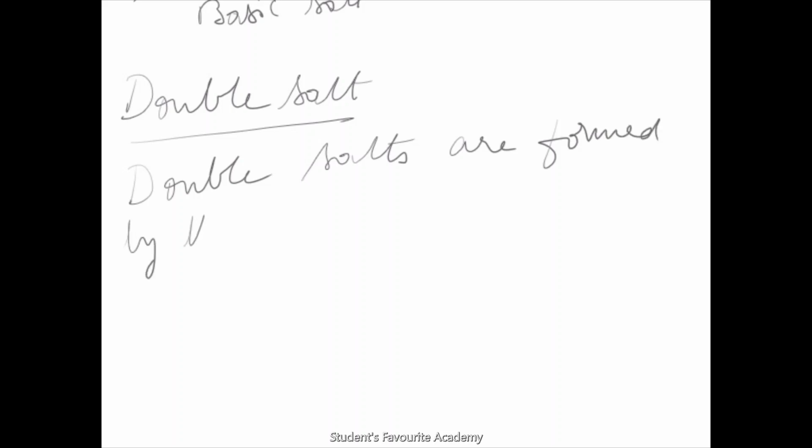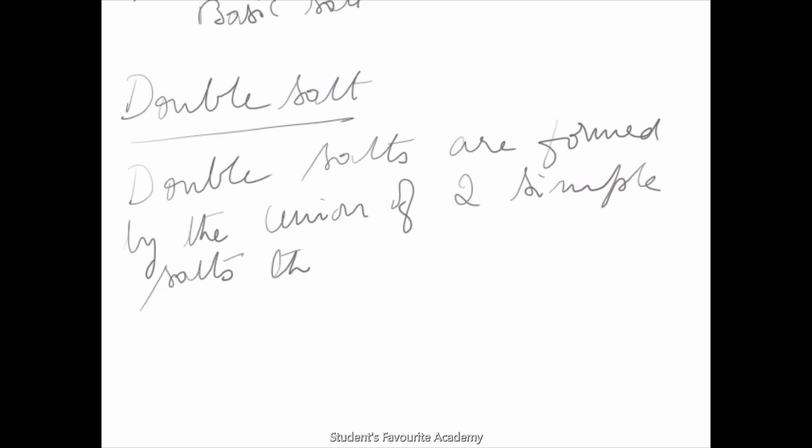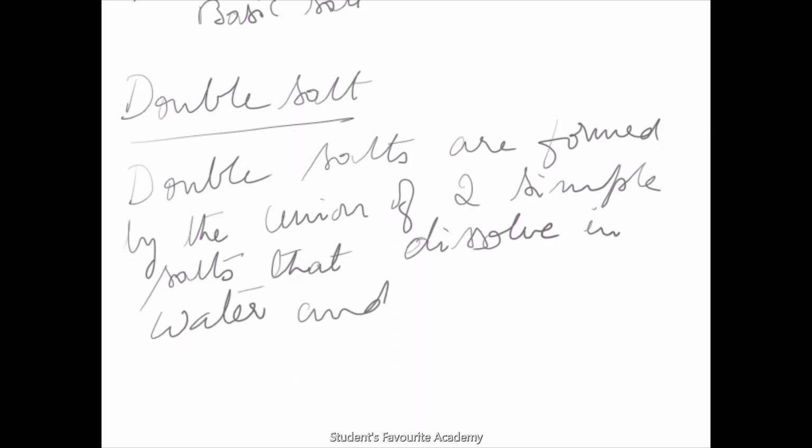So, double salts are formed by the union of two simple salts that dissolve in water and crystallize.